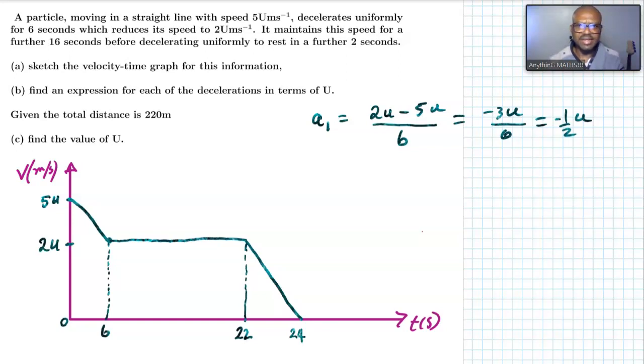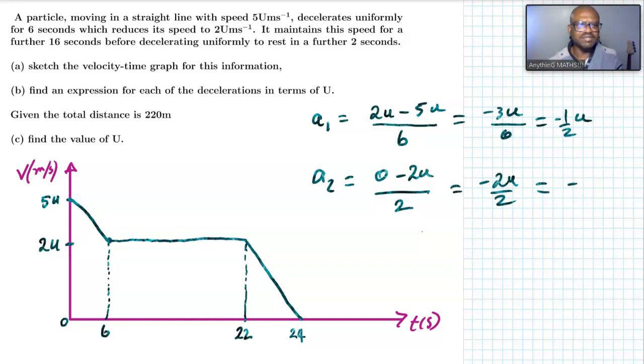Let's look at the other one, which is a2. That one will be 0 minus 2u, all divided by 2, because the time between that is 2 seconds. It's going to give you negative 2u over 2, which is negative u.